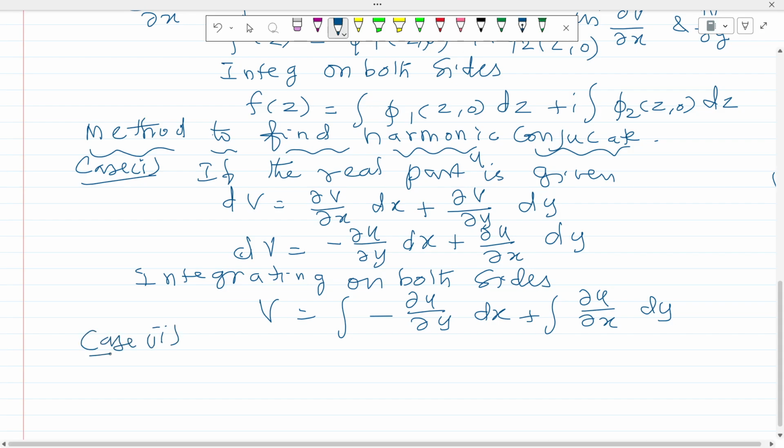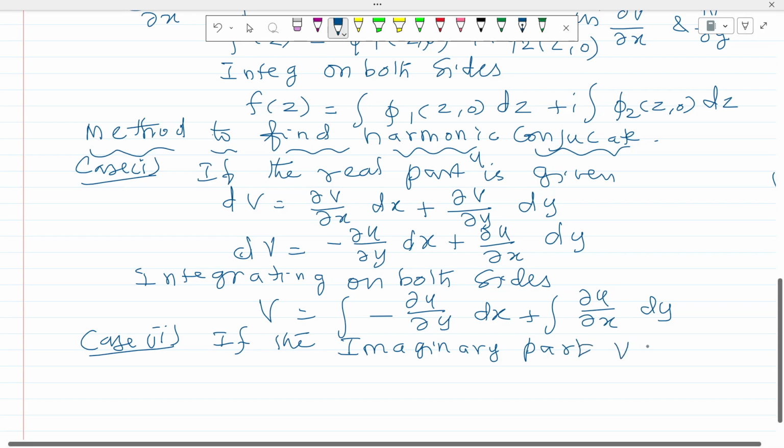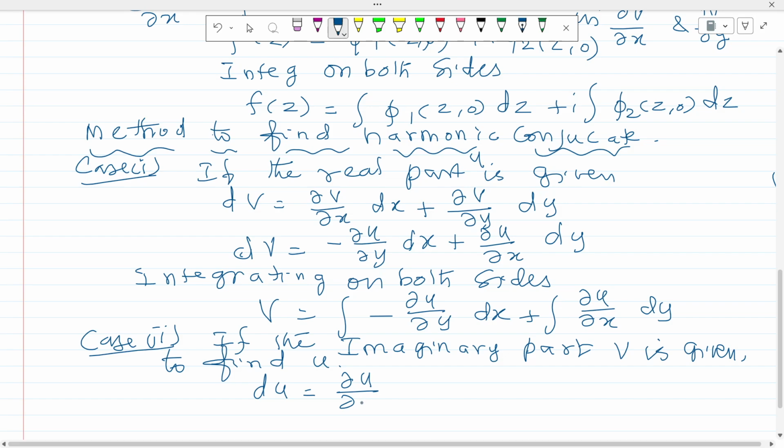Similarly, case 2 is if v is given. If the imaginary part v is given, then how to find u? Then du equal to the same equation, ∂u/∂x dx plus ∂u/∂y dy.